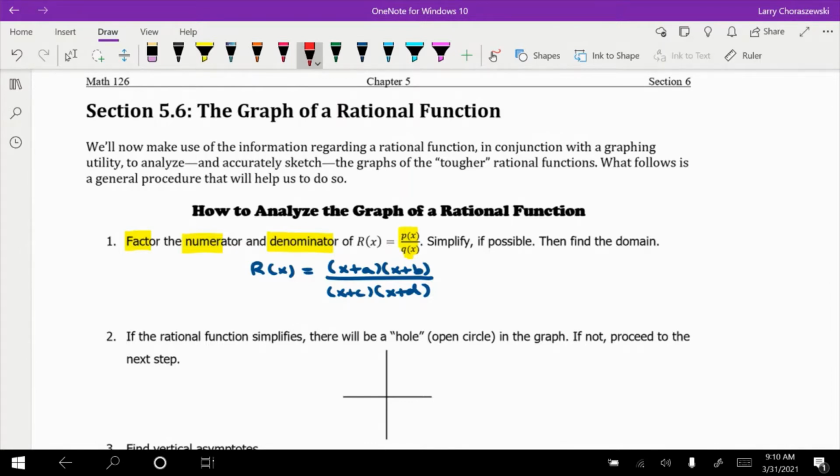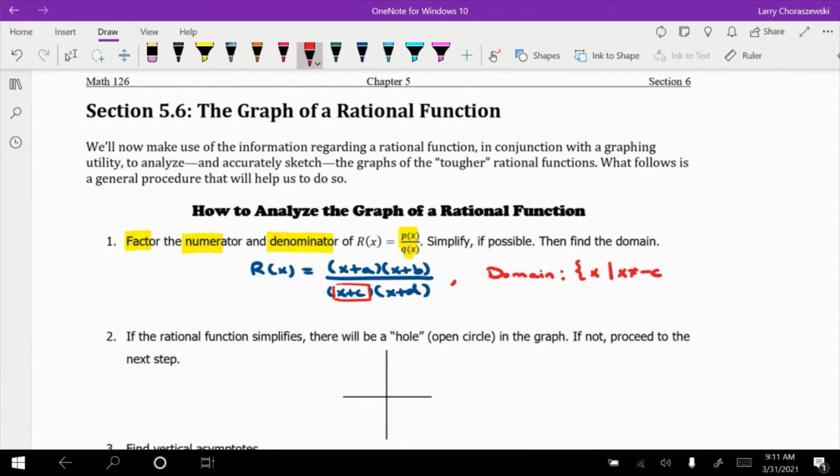Now, as for the domain, what we want to do is include the set of all x values, or the set of all real numbers, excluding those that create division by 0. In this case, if we look at the bottom two factors, the first one, x plus c, negative c would create division by 0.